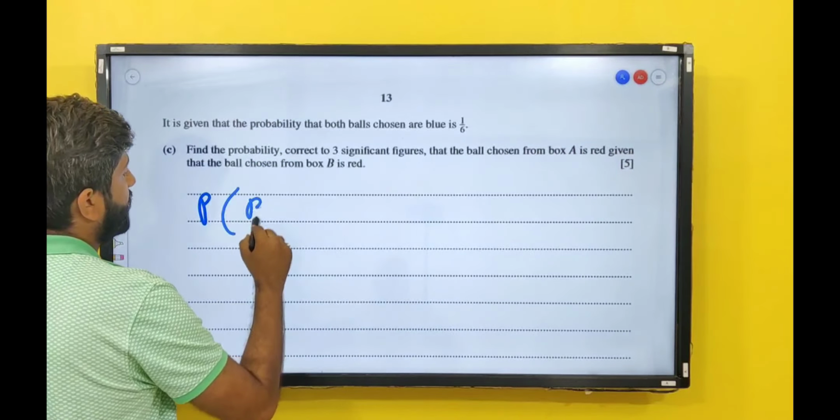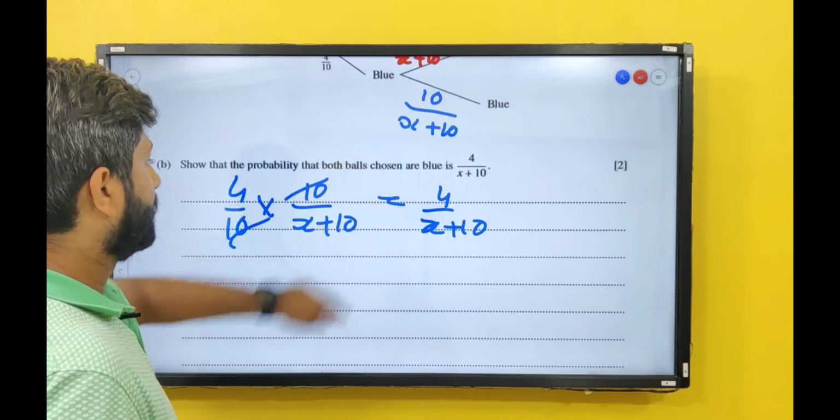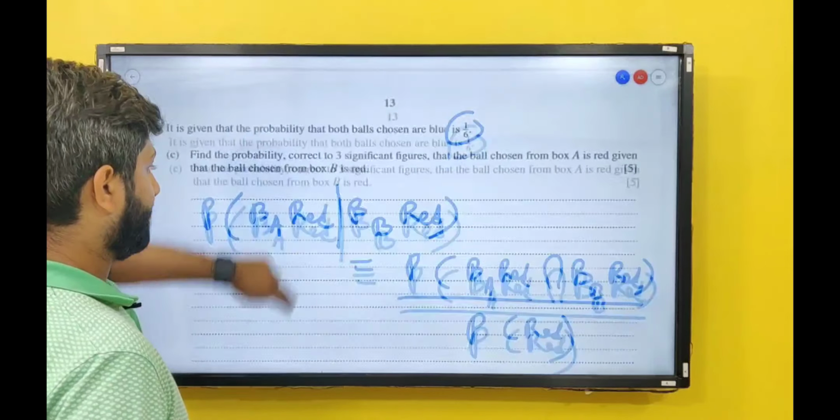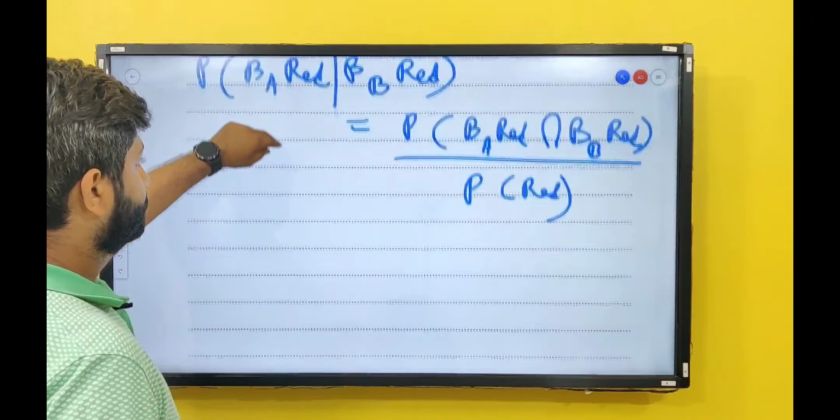But for that I think we will have to find out X first, and we are given that both blue is 1 by 6. So I have 4 upon X plus 10 equals 1 by 6. So 24 equals X plus 10. X equals 14.